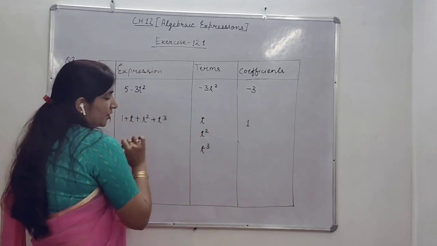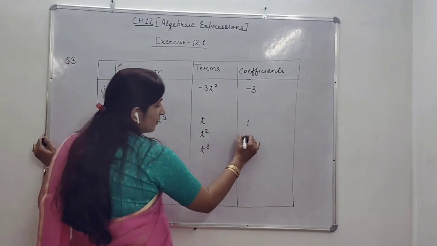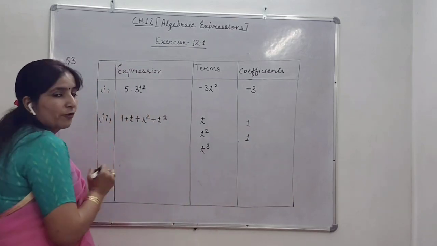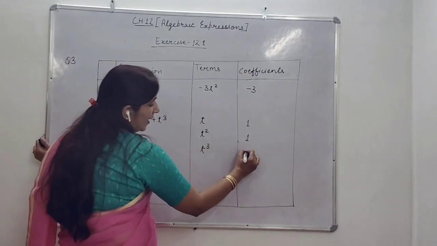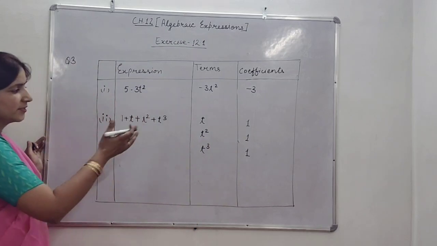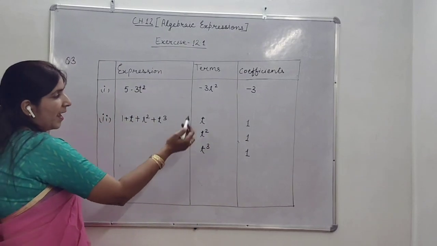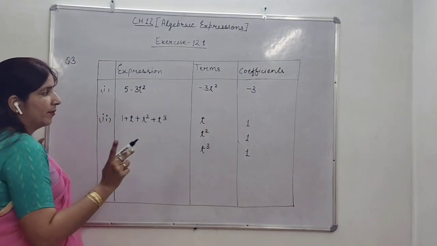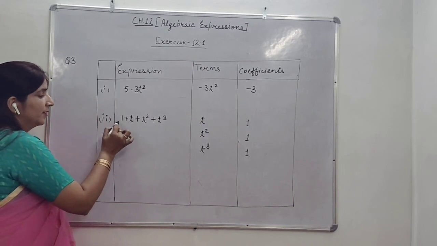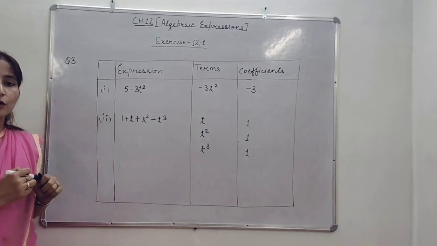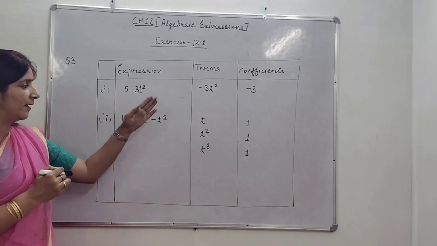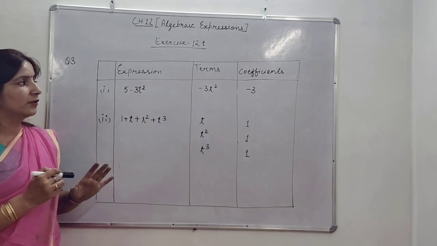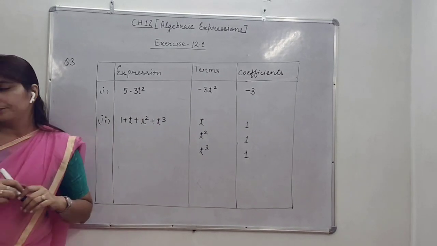And what is the coefficient of t square? Again that is 1. What is the coefficient of t cube? That again will be 1. In this manner you can write the terms and coefficients. But remember one thing, don't write the terms which are constants. You have to write the other terms and then the coefficients related to them.